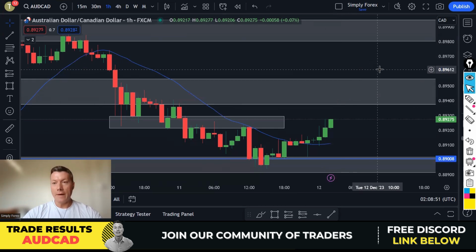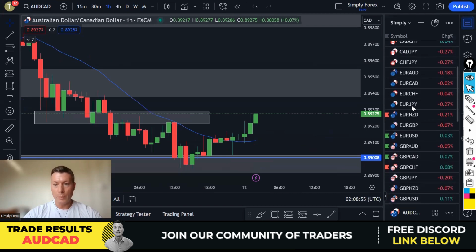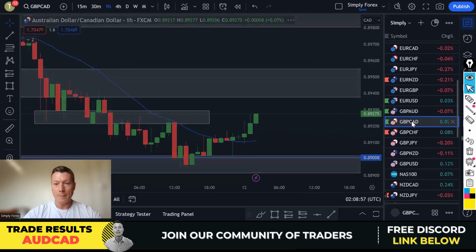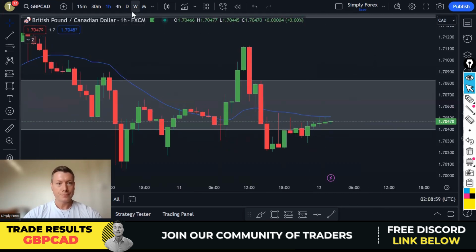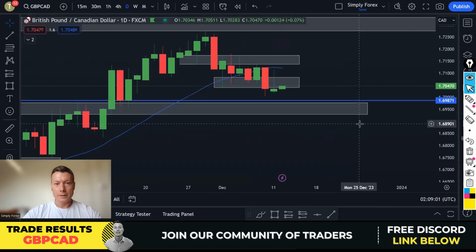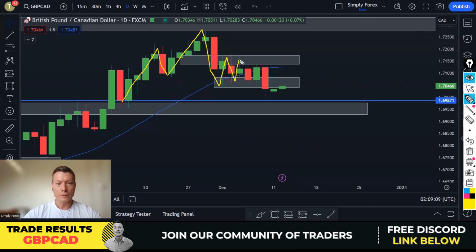So that was the first trade from yesterday, and that was the only trade I took. But we were also looking at pound Canadian dollar. Similar scenario, guys, with Aussie dollar. We were in an uptrend. We came down. We got into this sort of box of indecision here, guys, until this candle broke it.